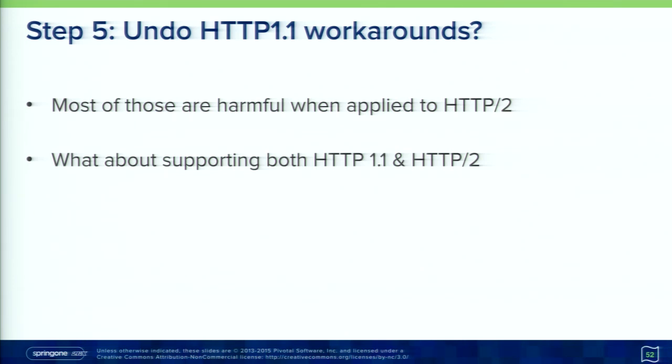One big problem we have to think about right now is how we will support both 1.1 and HTTP 2. Those workarounds are good if you're using HTTP 1.1, because they make the experience better. But if you want to support both, how will we do that? Do we need one optimized version of your application and another? We should see.